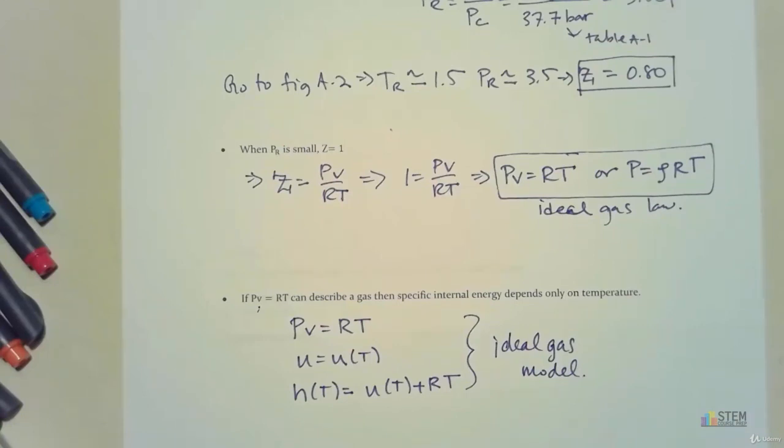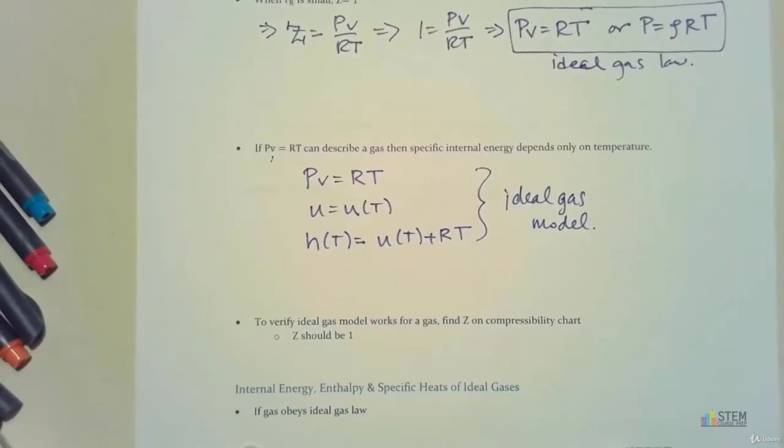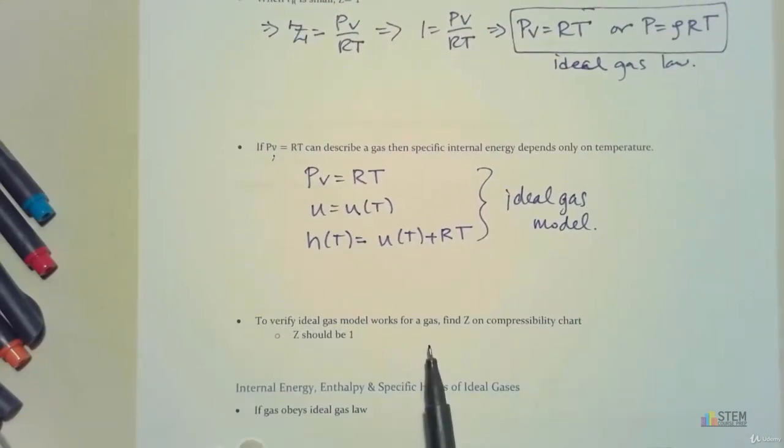Now, how does this take us to Z again? This compressibility chart that we were looking at, this allows you to check and see if the ideal gas model can be applied to your system. So if we want to verify that the ideal gas model works for the gas you're looking at in your system, you're going to find your Z on the compressibility chart, and Z should be 1, or very close to 1.